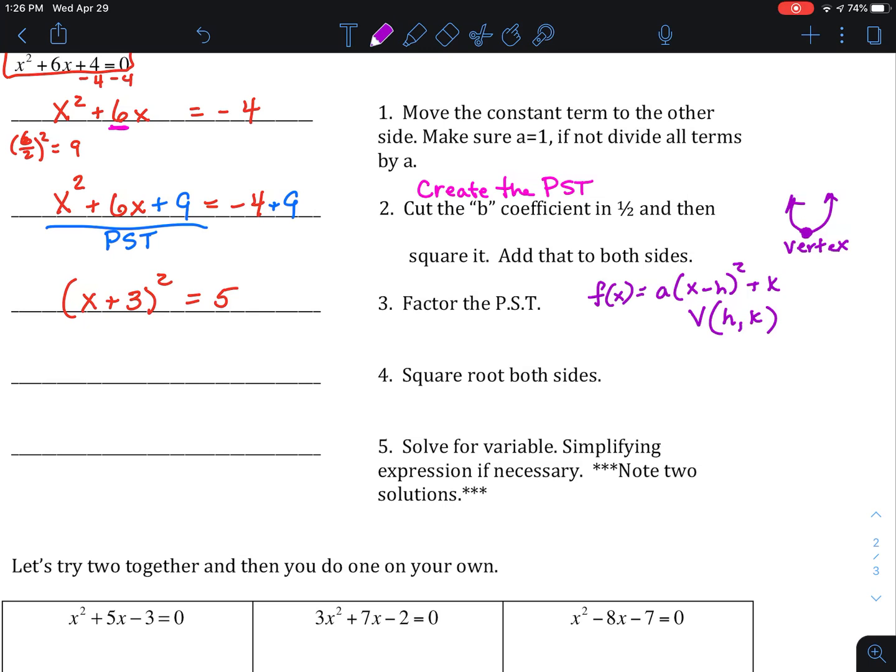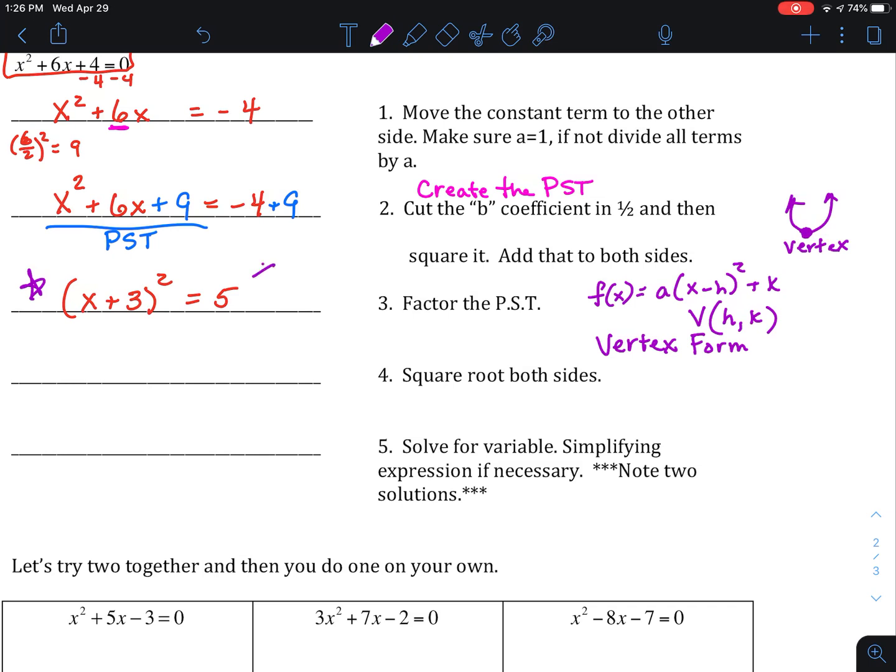Well, this expanded form of the parent function is also known as the vertex form of a quadratic, because it allows us to figure out the coordinates of the vertex based upon the h and the k in that form. If we head back over here, in step number 3, after we factored the PST, this is really close to the vertex form.